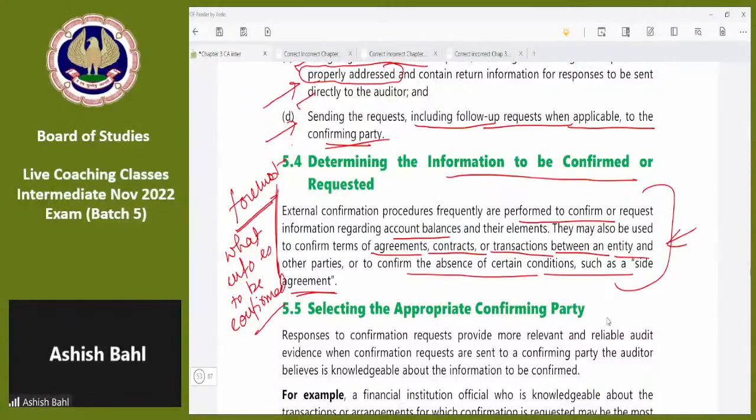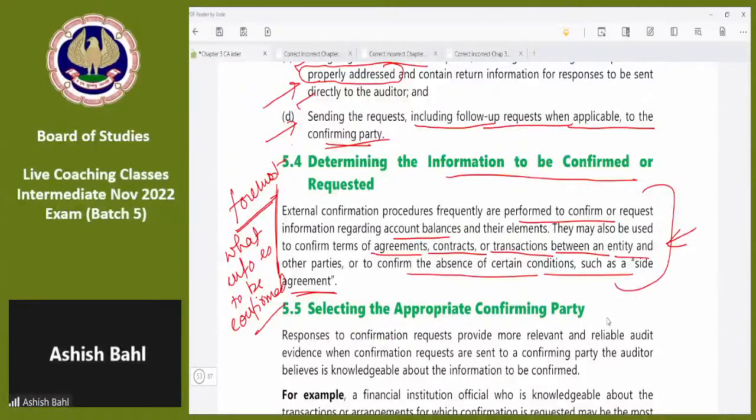So I might want to confirm from the third party whether there exists some side agreement or whether there does not exist some side agreement. So I am trying to confirm from the third party the absence of some condition.